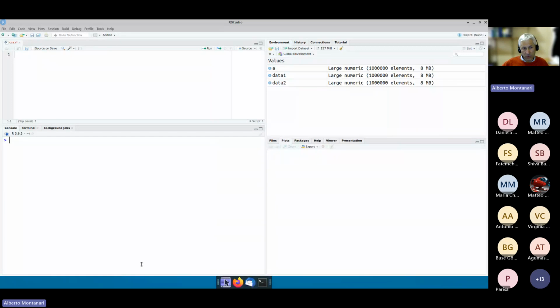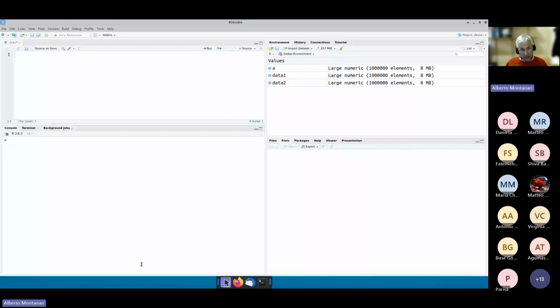So last time what we did was to start dealing with continuous variables, and I made an example. Let's suppose that we generate a continuous variable.